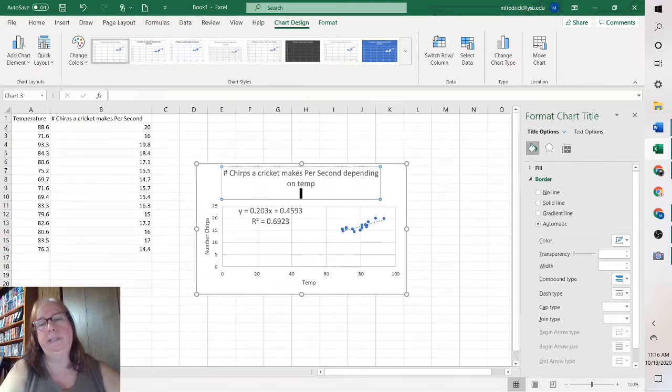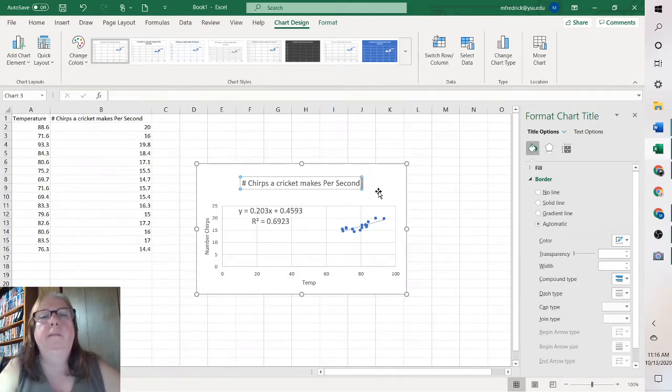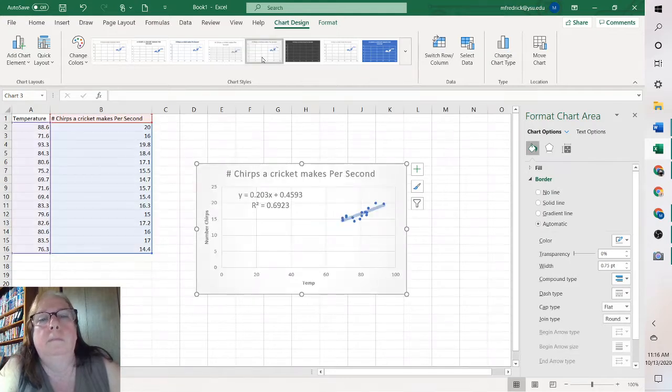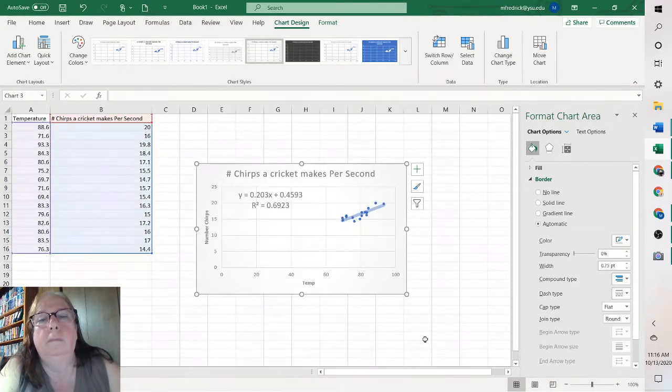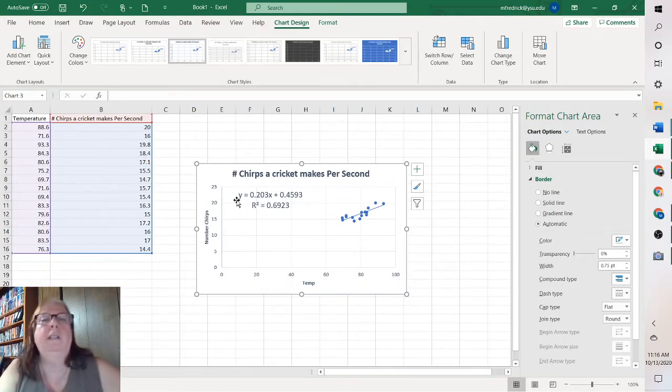I don't like the way they did that. Just leave it that way. You can kind of see the line a little bit better with that one. I like the solid one. There we go. Okay, now what does that line mean?